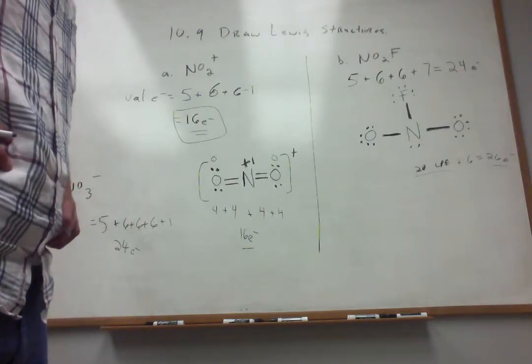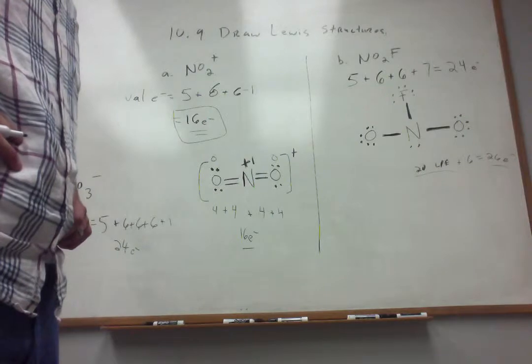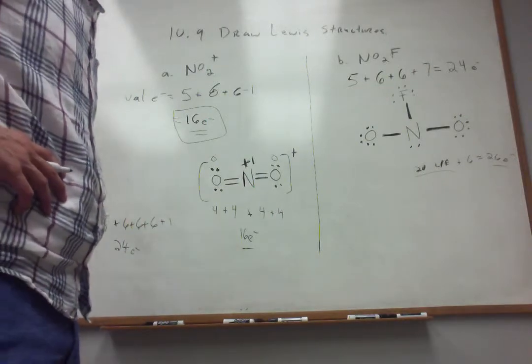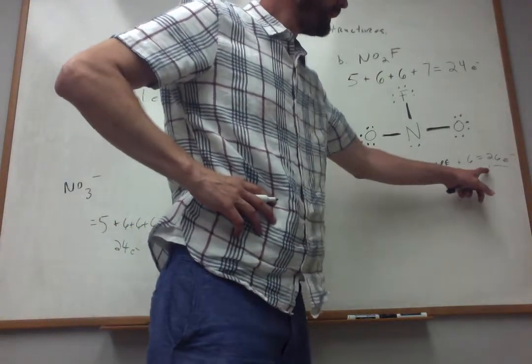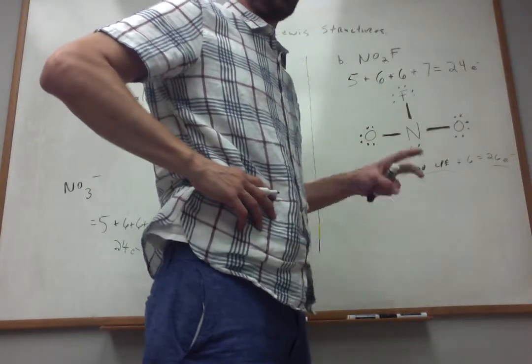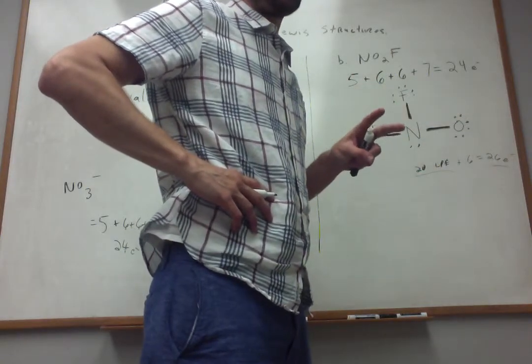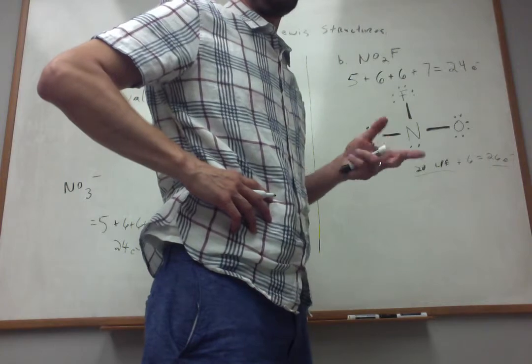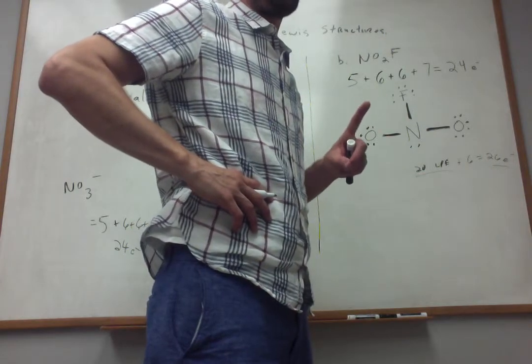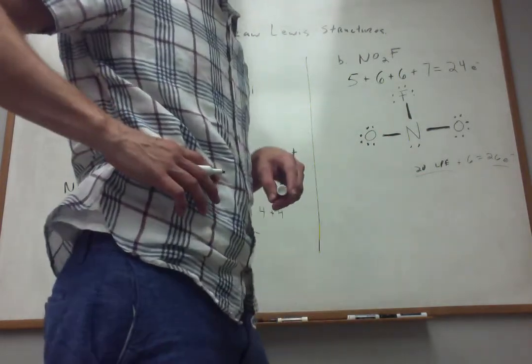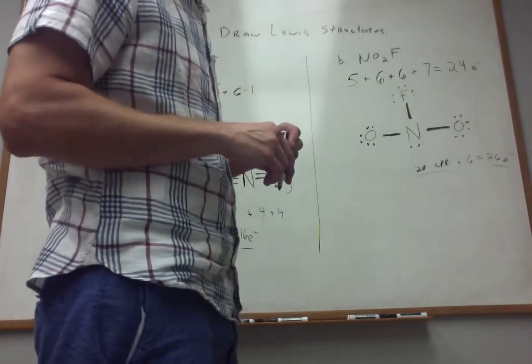Based on the rule of thumb from the previous example, how many additional bonds do we need? I used 26, I only had 24, a difference of 2. If you take the deficiency and divide by 2, that tells you how many extra bonds. So I'm going to need 1 extra bond. If I add 1 extra bond somewhere and get rid of some lone pairs, this is going to work.